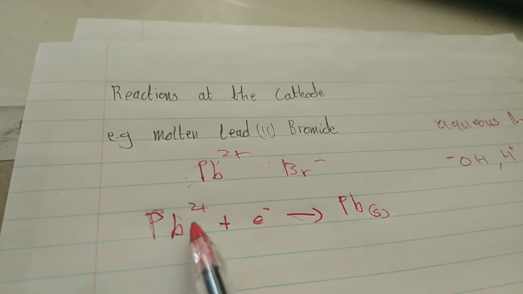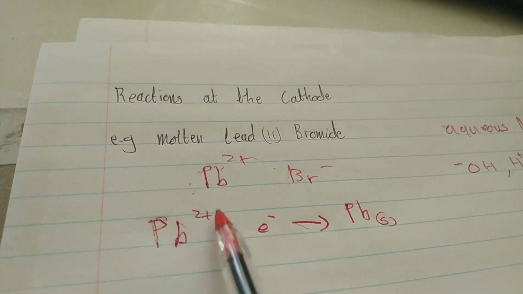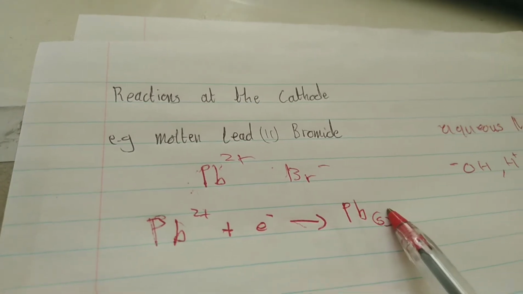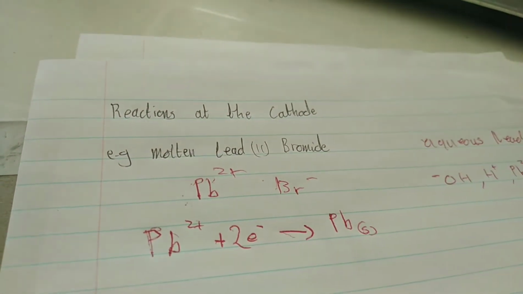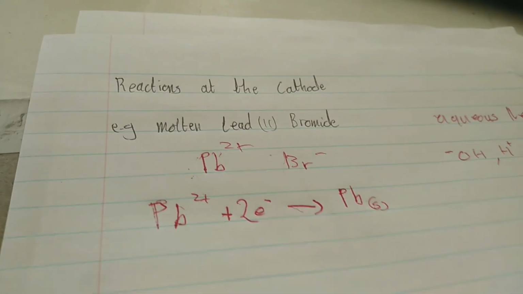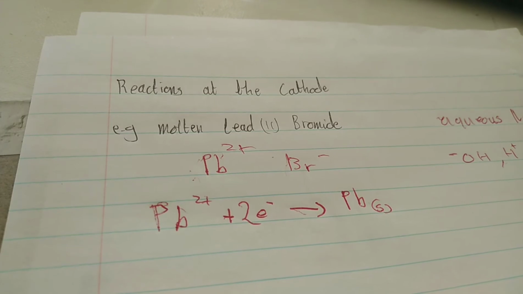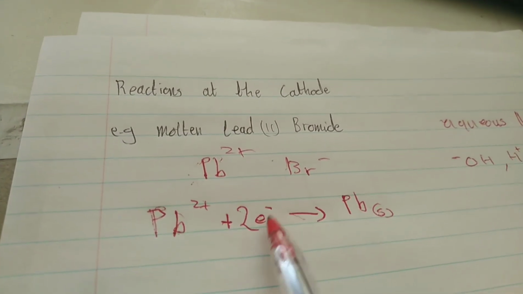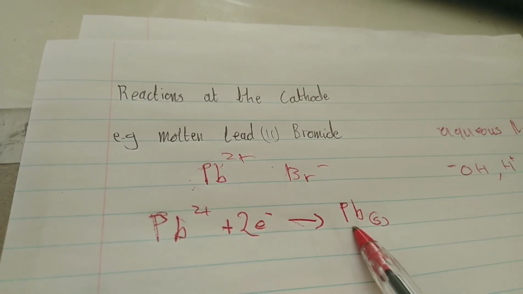You see here we have 2 plus, which means for us to have a stable solid lead at the end, we will have to gain 2 electrons. So this is the reaction taking place at the cathode. The lead ion has accepted 2 electrons from the cathode to form the lead metal.